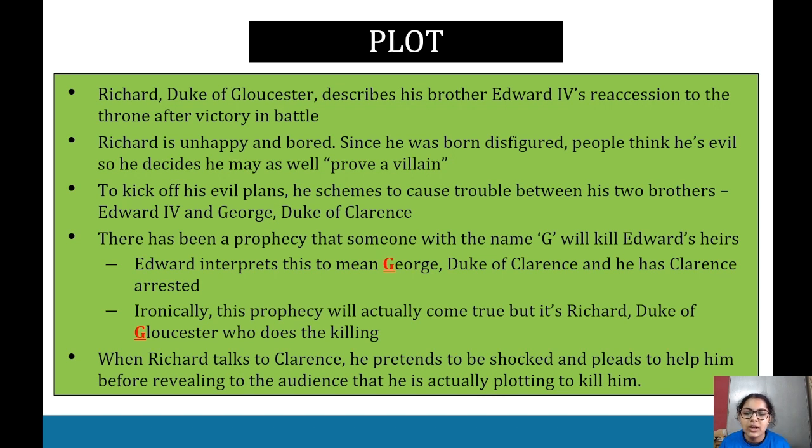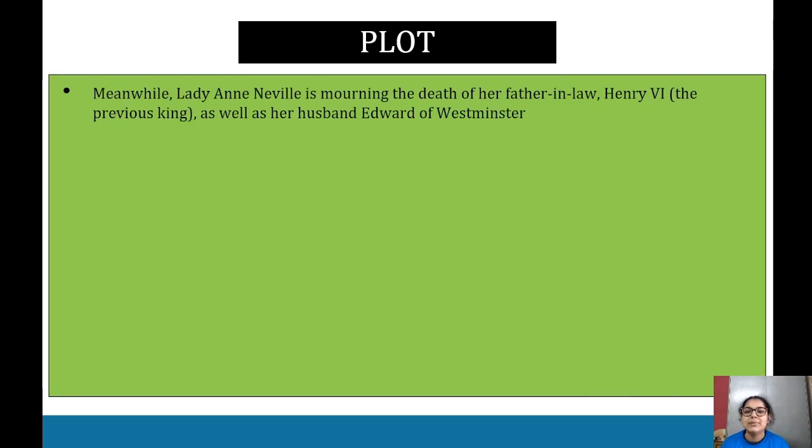That can always help, watching and reading as you go. Again, Richard III is talking to the audience, revealing in this soliloquy that he's going to kill Clarence. That tells you that he's a villain, that he's going to kill his brother. He's playing both ways.